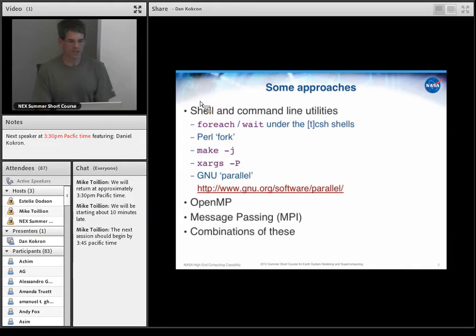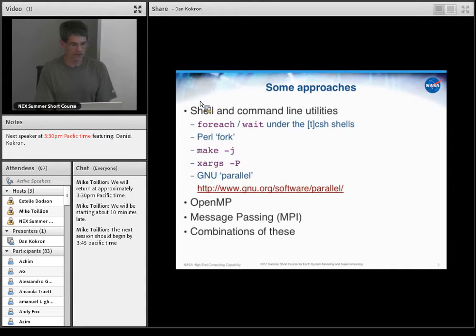This website gives a very nice rundown of some of these approaches, some of their pros and cons, and basically it's going to tell you that GNU parallel is perfect. It has a lot of nice features. Unfortunately, it has a huge number of features, so you can get lost in that very quickly.